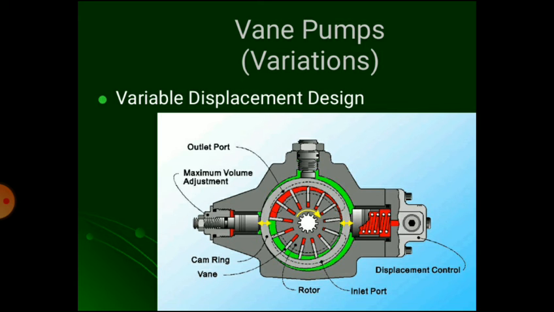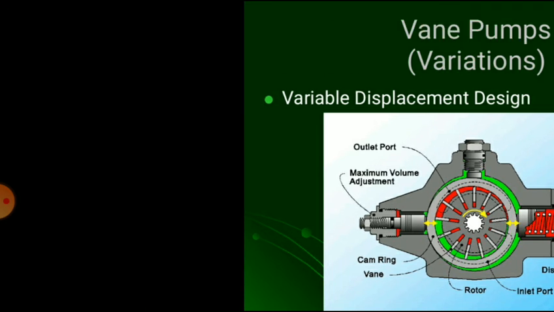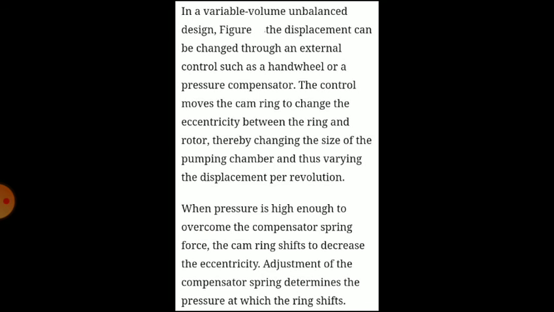Whereas the left hand screw sets the eccentricity of rotor with the stator ring, which is pivoted at the top. The change in eccentricity results in change in throw of the vane and consequently discharge of the pump. So this is the working.